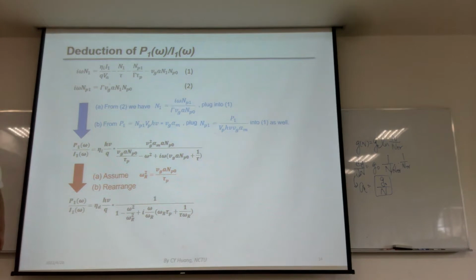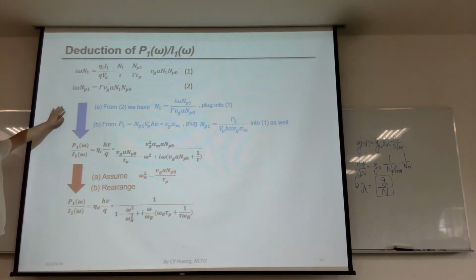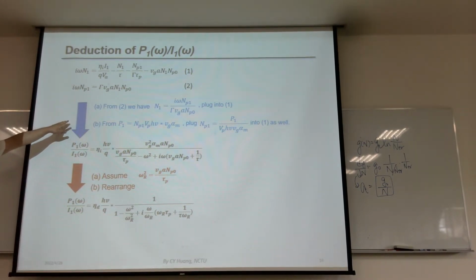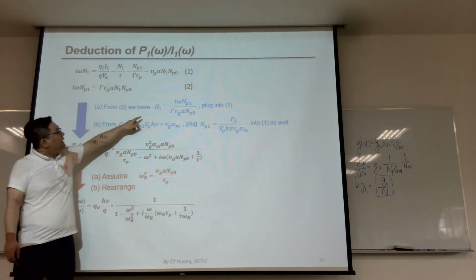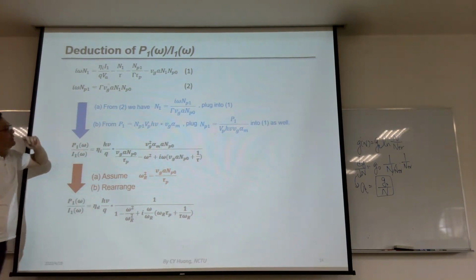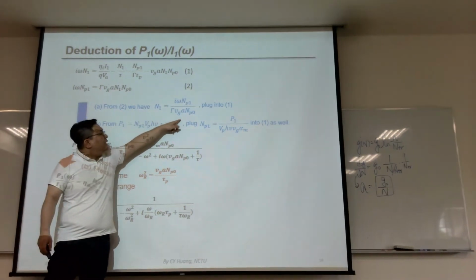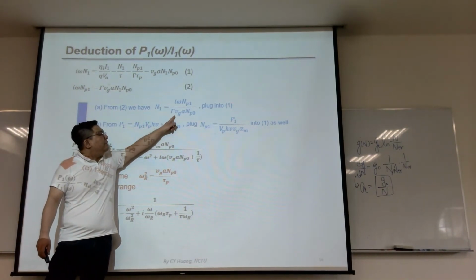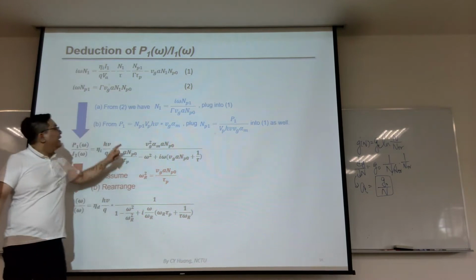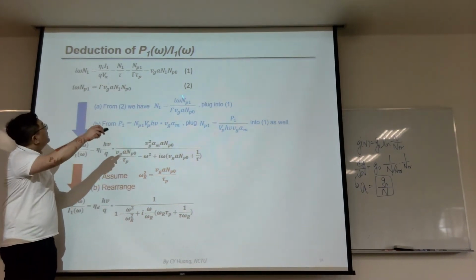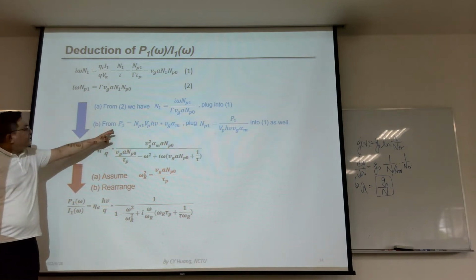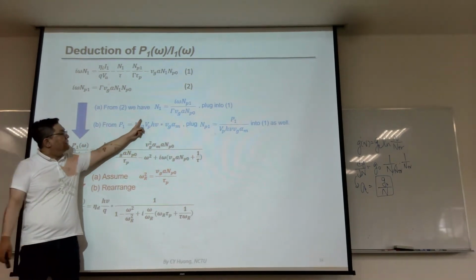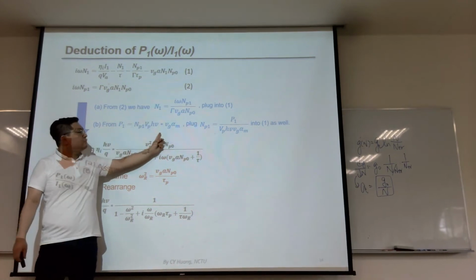Then we will subsequently do the substitution operation. Since we have the equation like this, we can let n1 be the i omega n1 divided by gamma Vg a NP0, and put the whole term inside here. And we know that the P1 uses the same definition.